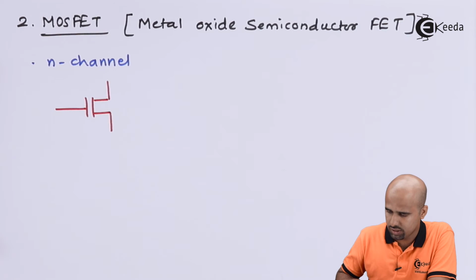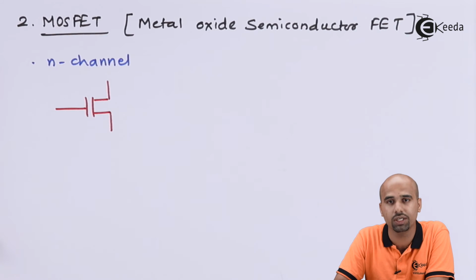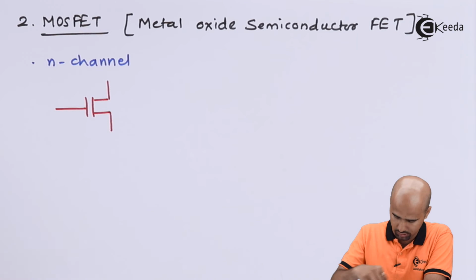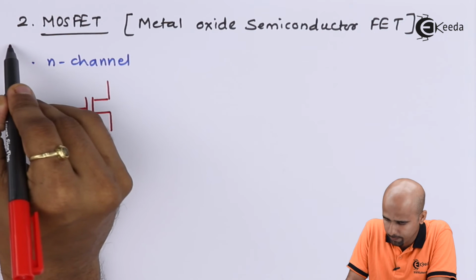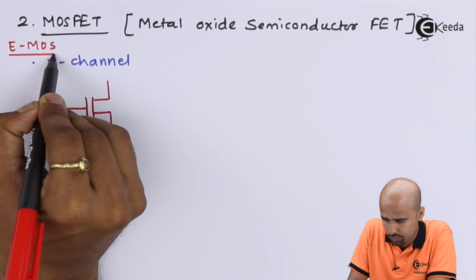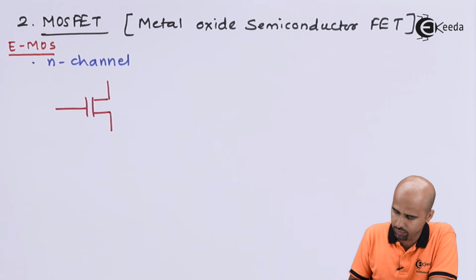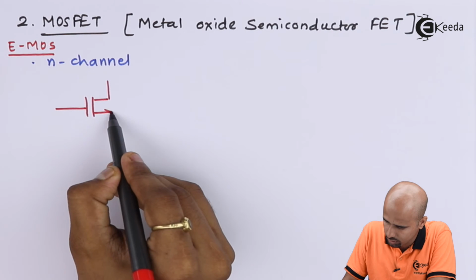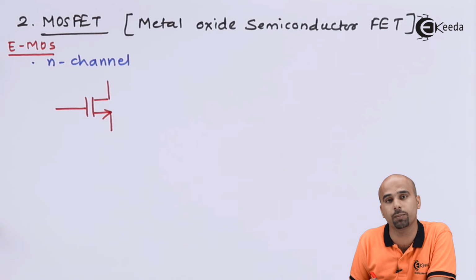Hey guys, this MOSFET, initially we will start with enhancement type of MOSFET. I forgot that the MOSFET is again classified into D MOSFET and E MOSFET. So we'll have to first note this down as this is for E MOSFET. When we go for E MOSFET, this is the symbolic representation.